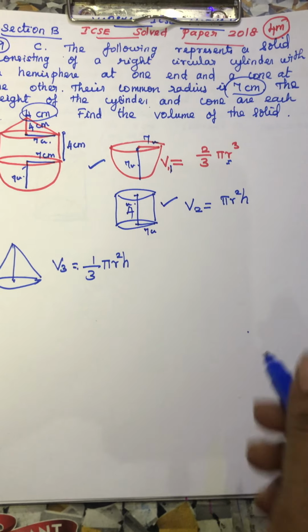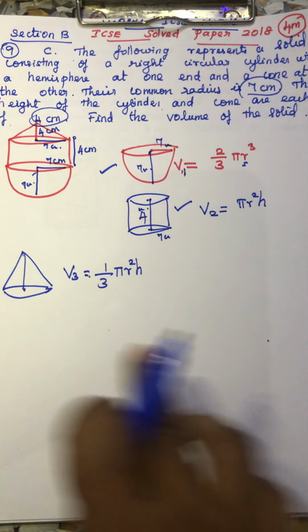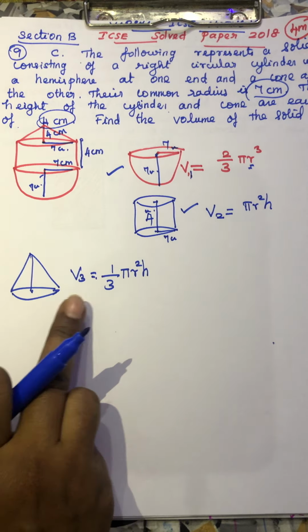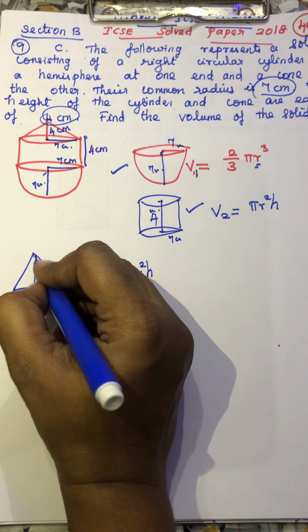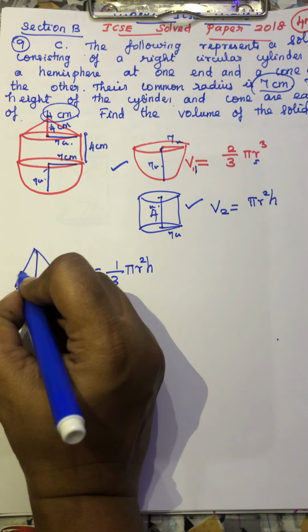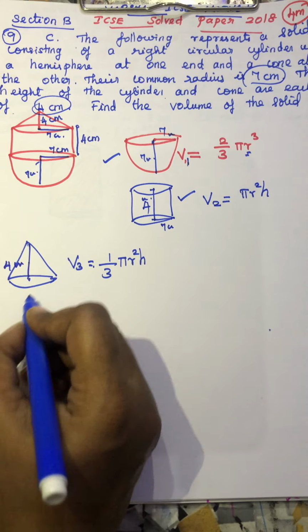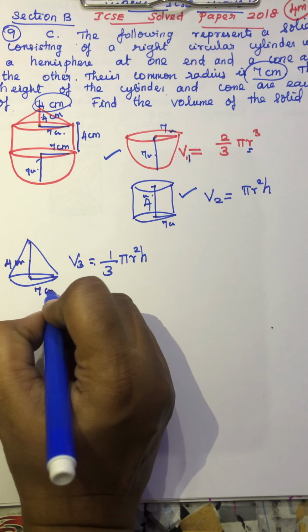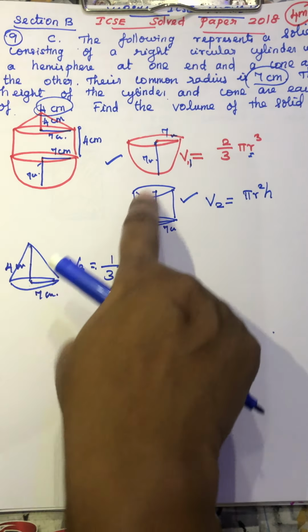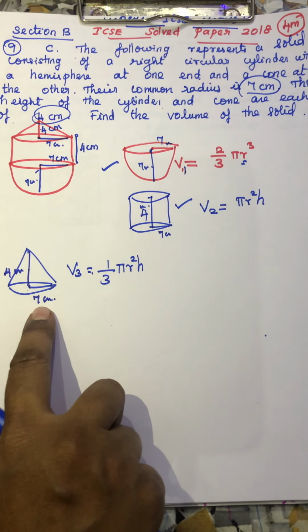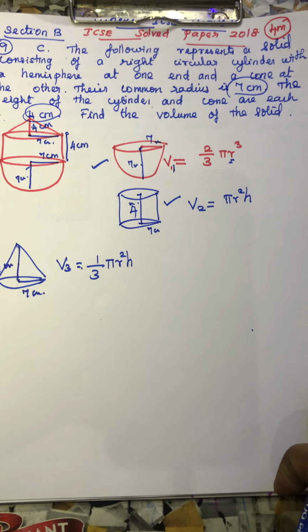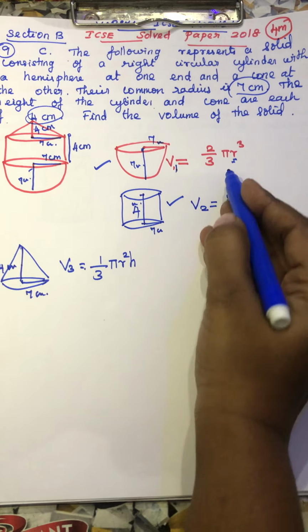For the cone you also need r and h. The height is given as 4 and the radius is 7. So all 3 solid figures have radius 7. We have found the formulas.